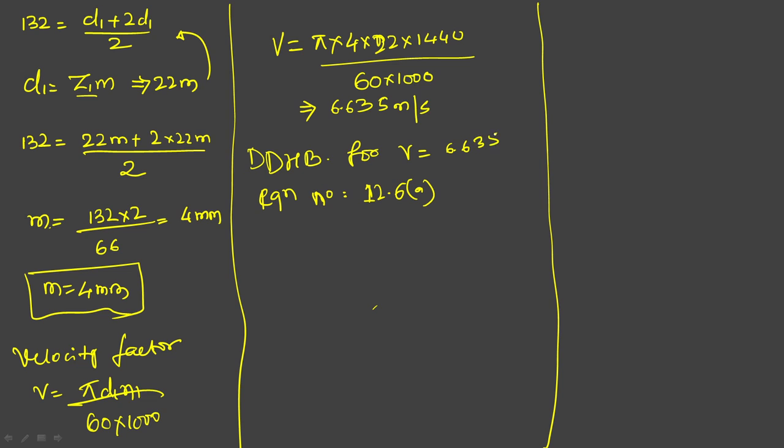Now CV equal to 3.05 divided by 3.05 plus V. CV equal to 0.4083, sir.